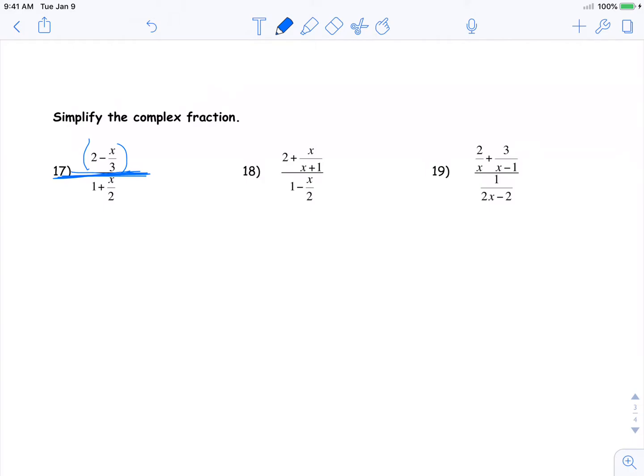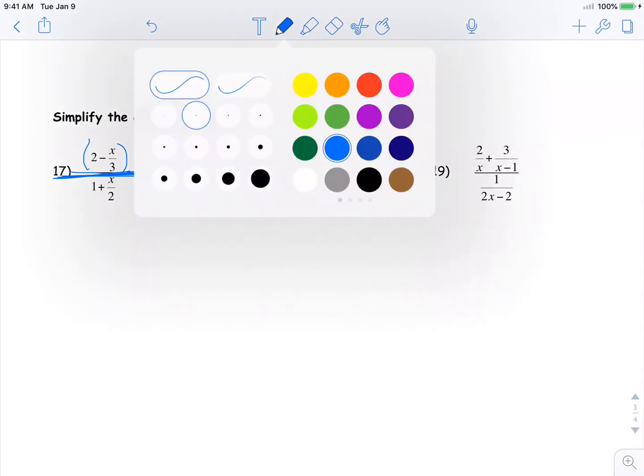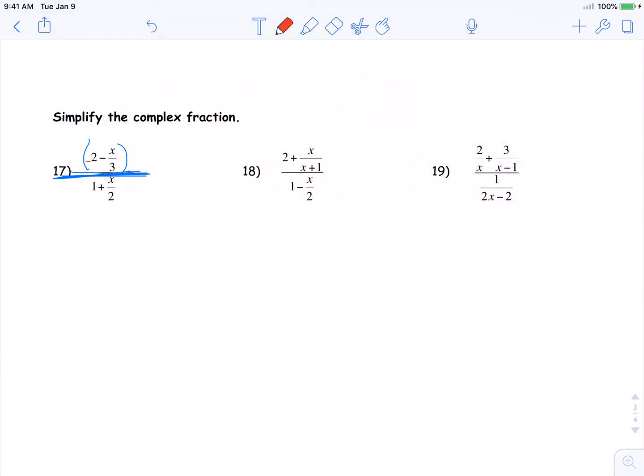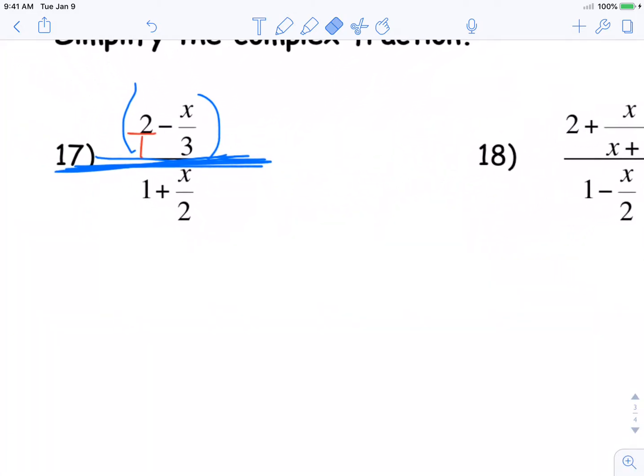So if you look at the top, this is really thought about as 2 over 1. And just getting a common denominator for the top. If the second fraction has a 3, the common denominator has to be a 3.